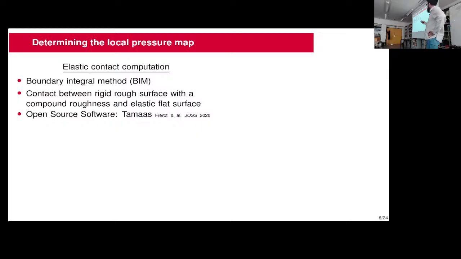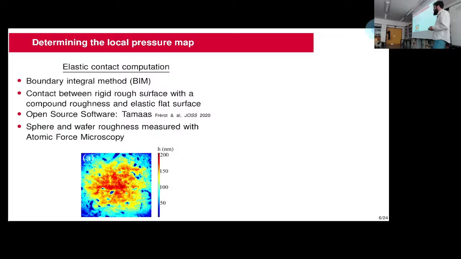And so we solved the contact of a rigid rough surface in contact with a flat elastic one. Into this model, we plugged in the topography of our silicon sphere and silicon wafer that we measured with atomic force microscopy. So here you have just an image of the roughness of the sphere.